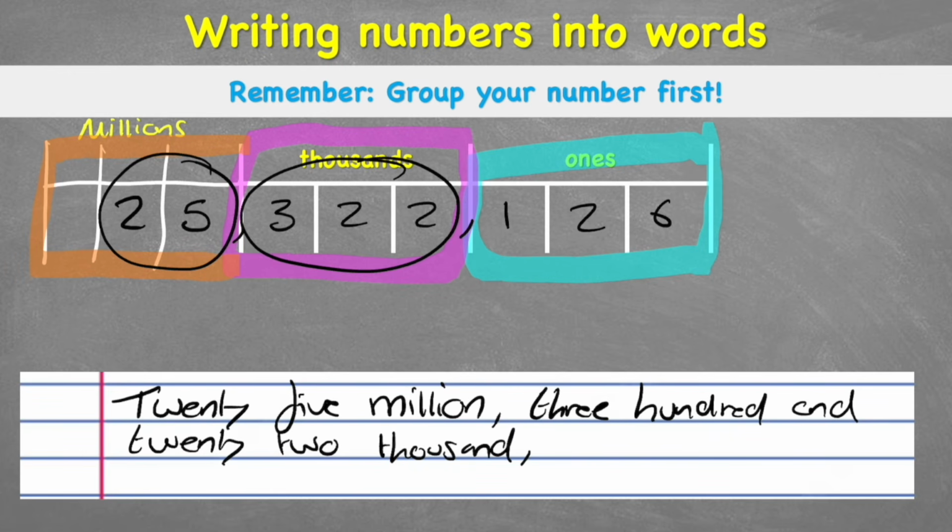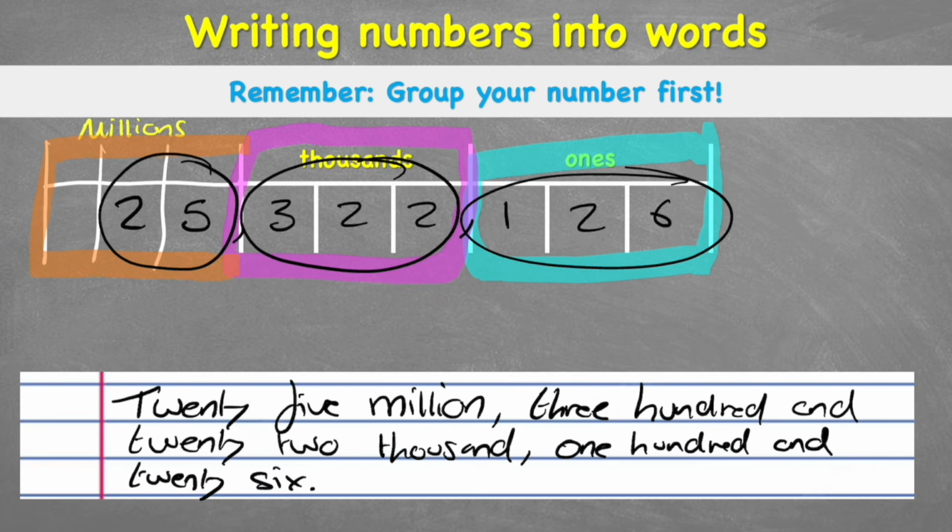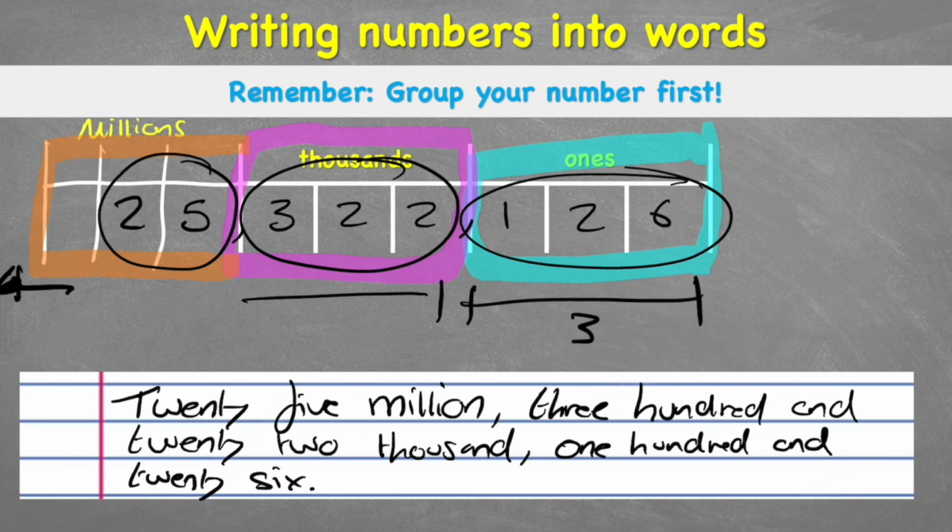Another comma. And then what do I have in the ones? 126. And there we go. And honestly, that is as hard as that can get. It can get longer. We could go into our trillions, but it can't get much harder if we remember this pattern of starting to group our numbers in sets of 3, starting from the ones column.